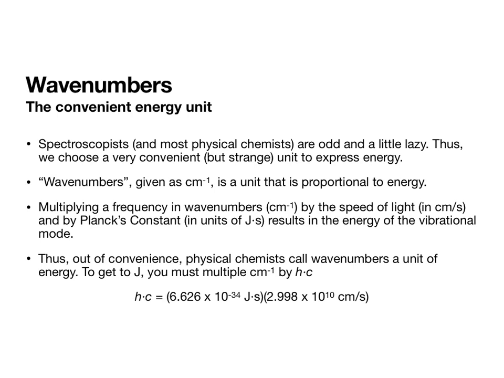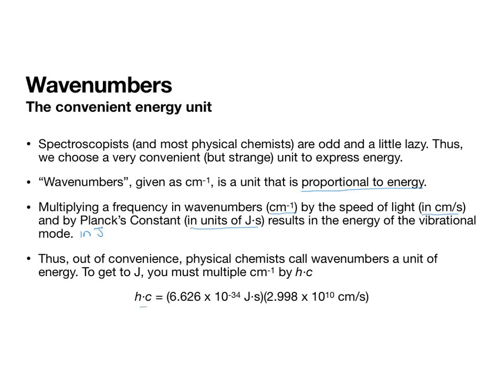Wave numbers, given as centimeters to the minus 1, is a unit that is proportional to energy. And it's really kind of a frequency, sort of. Because if we multiply wave numbers by the speed of light in centimeters per second and Planck's constant, it gives us the energy of a vibrational mode in joules.